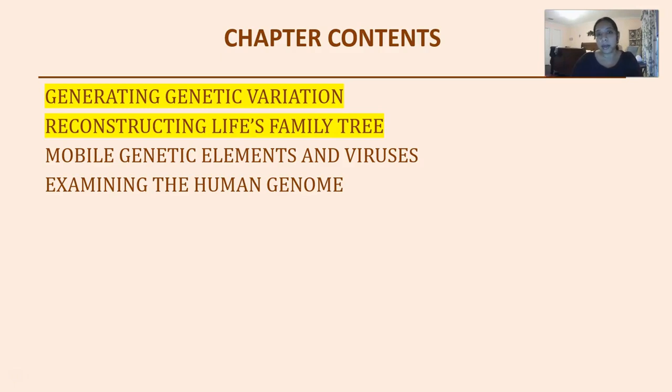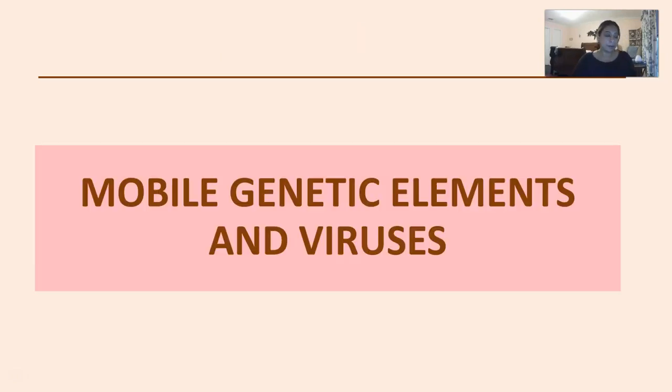And then finally we'll talk about how we can examine the human genome for these changes, and use them to identify an individual within a population, or to compare different populations and see which one derived from where, and how things migrated from one place to another. So let's get started. The first part of this is going to be about mobile genetic elements and viruses.